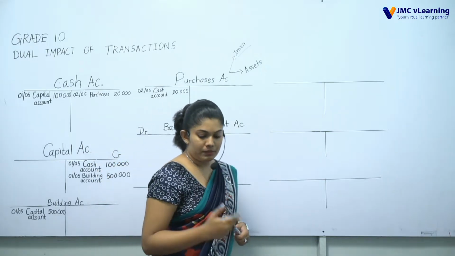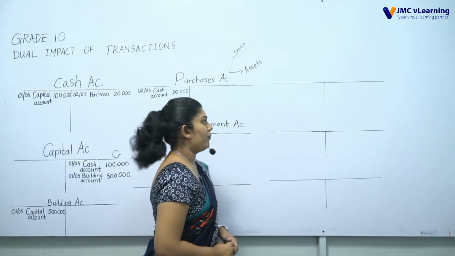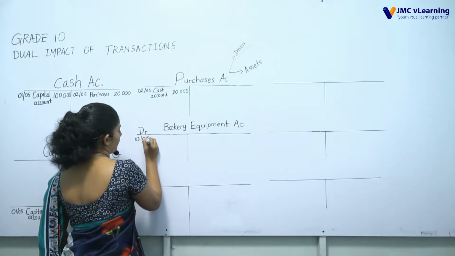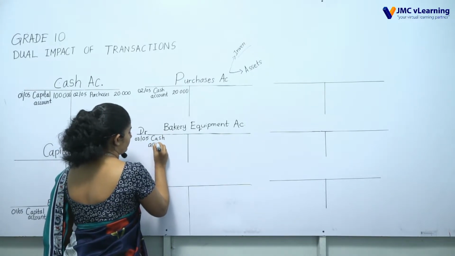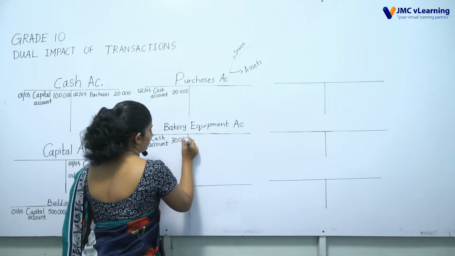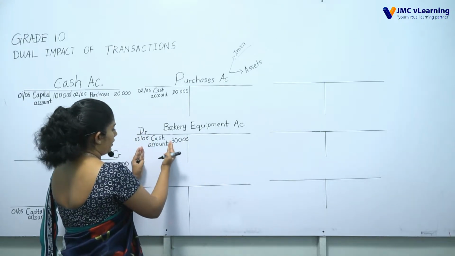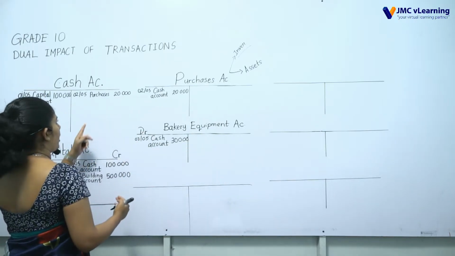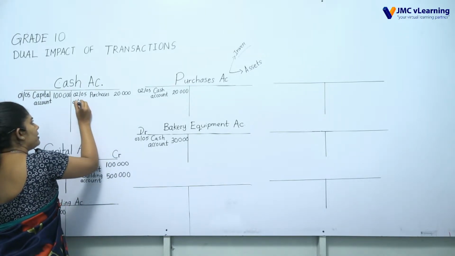How much is the amount? 30,000. On 3rd of May, they have purchased 30,000 worth of bakery equipment. So, they are spending cash, and then you know the next entry comes to credit side of the cash account because they are spending.